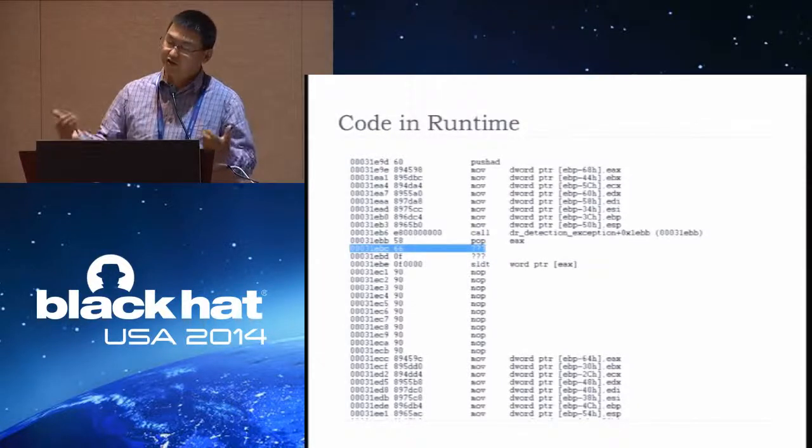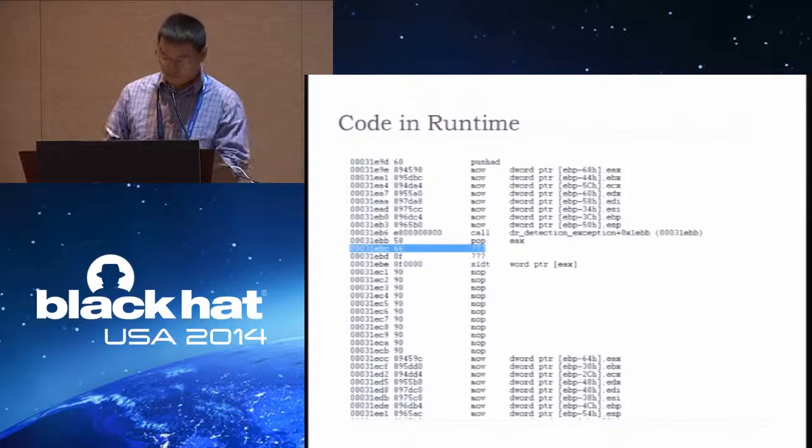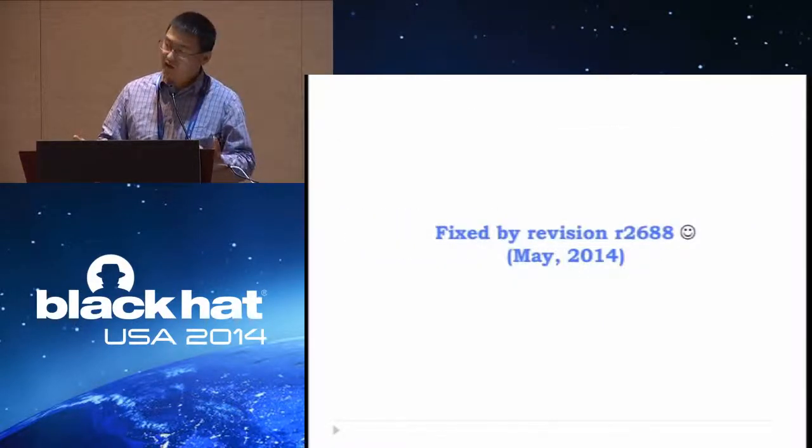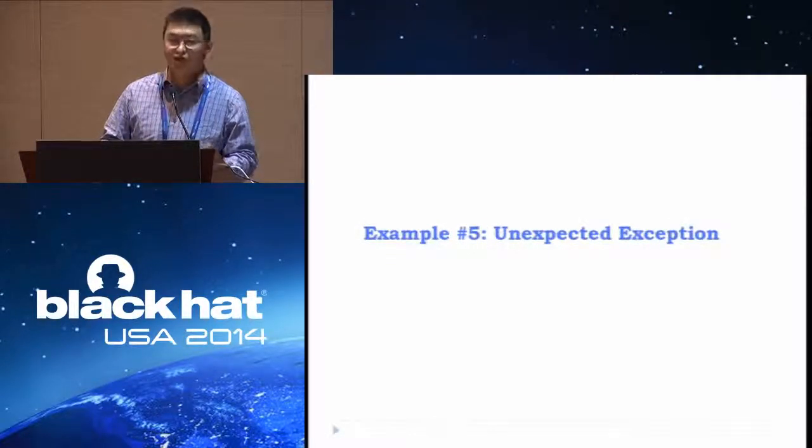So basically, you can use the distance to easily detect your code running in DynamoRIO. And beyond that, because that's running in the code cache, they put the permission for this memory as execute and read only, without write permission. We filed the bug to DynamoRIO in May this year. They fixed that quickly.